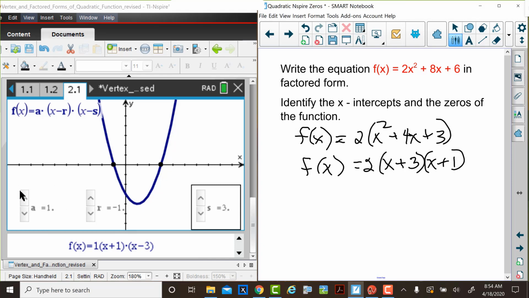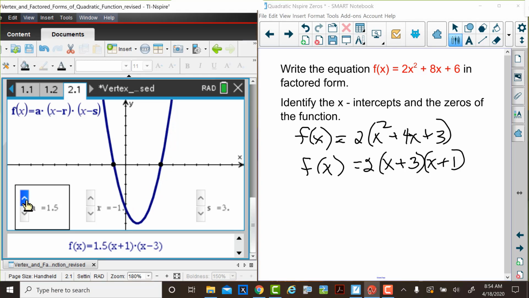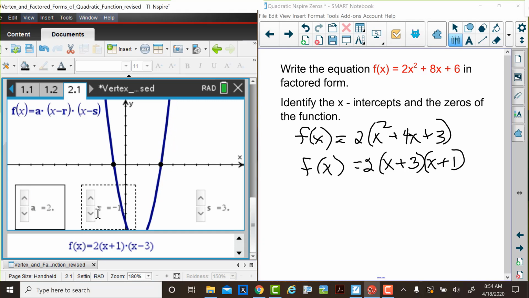So our x-intercepts would be at (-3, 0) and at (-1, 0). So Judy's going to change the r value and the s value to indicate this after making the a value equal to 2.